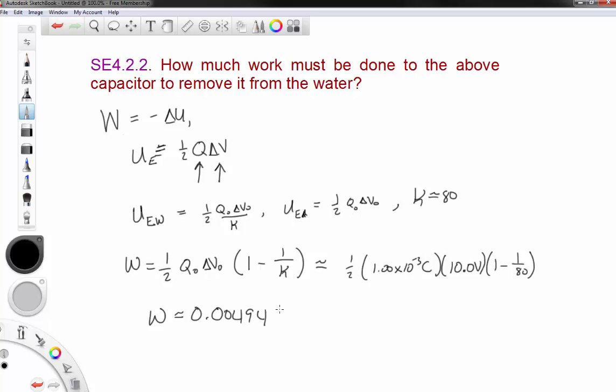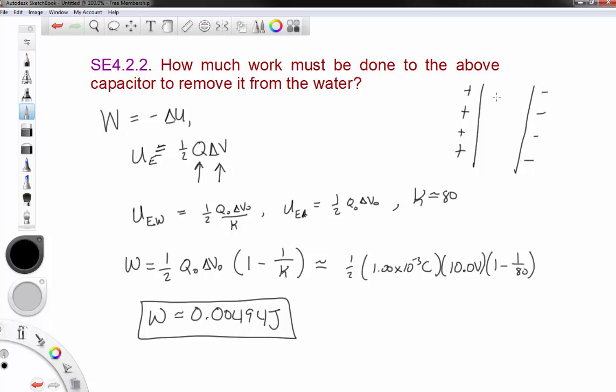With that said, the fact that you have to do work to remove it from water also implies that if you take a pair of parallel plates like this, let's say that one side is positively charged and the other side is negatively charged like so. And let's say that you just let it rest with some dielectric slab partially filling this space.